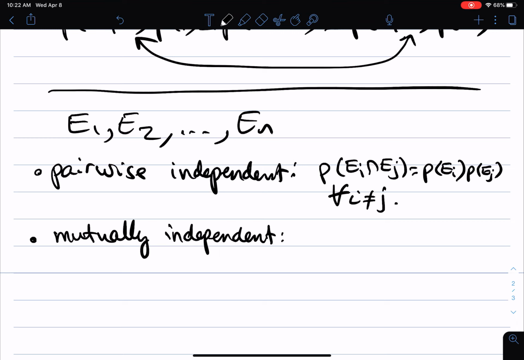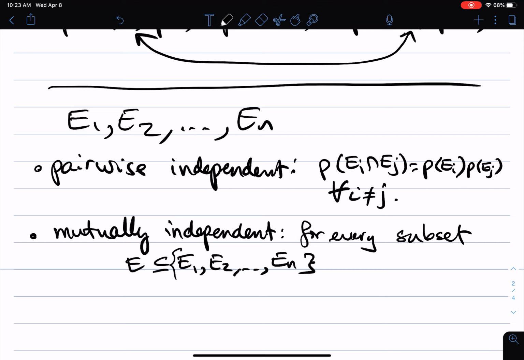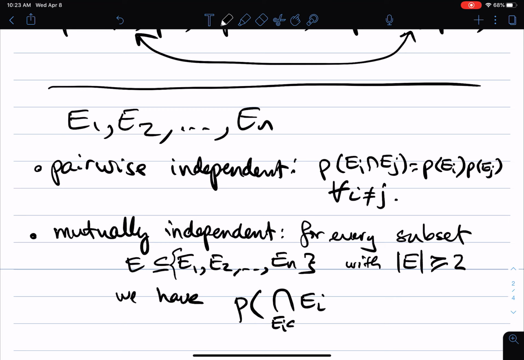And here, when we talk about E1 and E2 and all the way to En being mutually independent, we are saying that for every subset of those n events, with the size of the subset being greater than 2, we have the probability of the intersection of the events in this subset equals the product of the probabilities of those events.